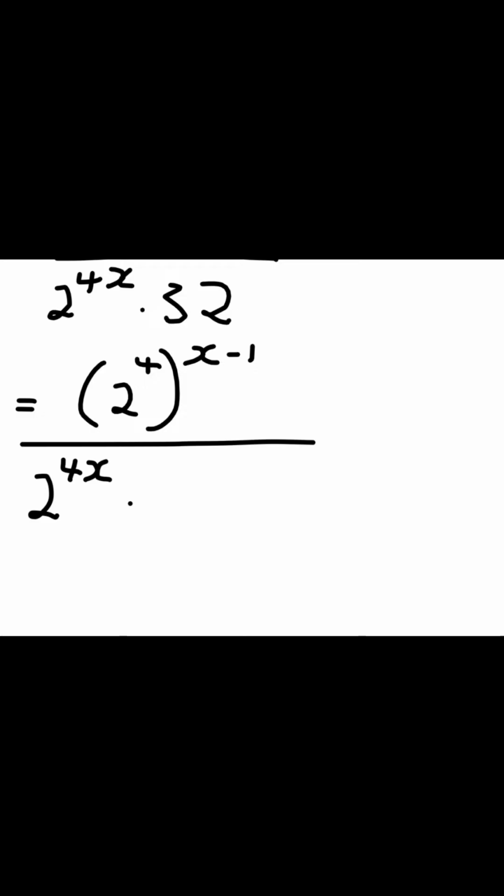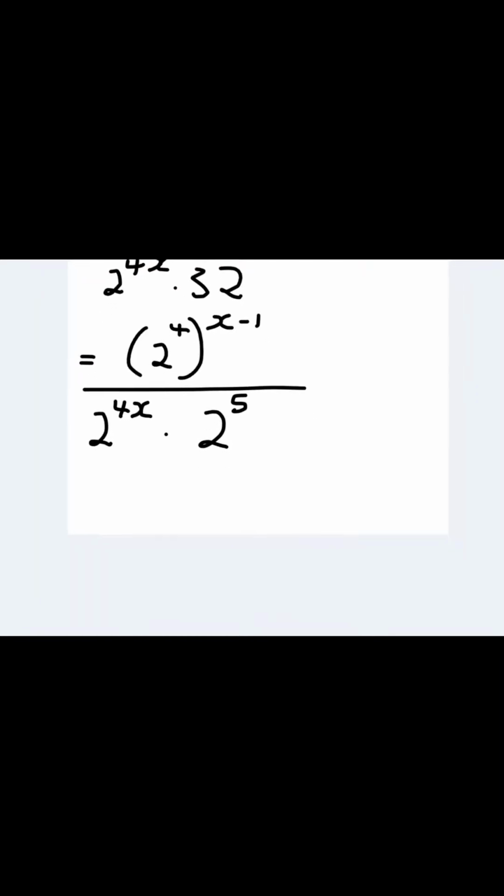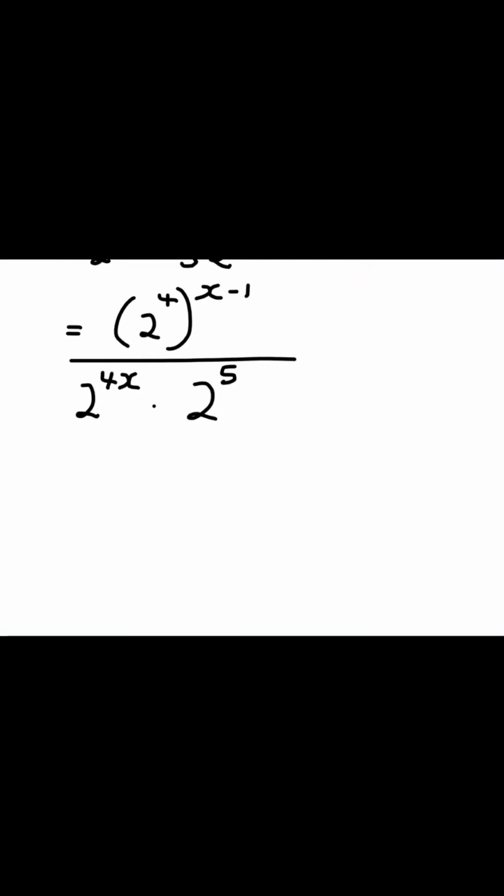I think 32 can be written as 2 to the exponent of 5. You can just check it, but if I remember, this is what 32 is. So now can you see, you have each expression in its simplest base, or in its smallest base.